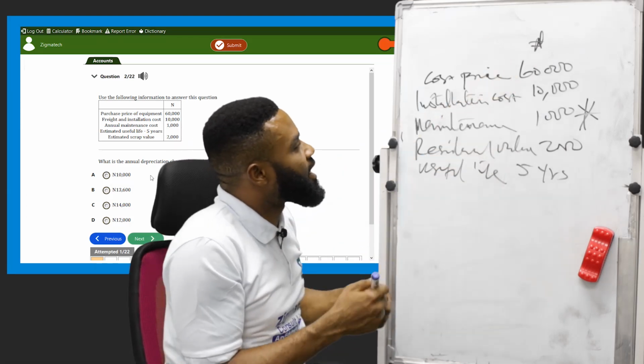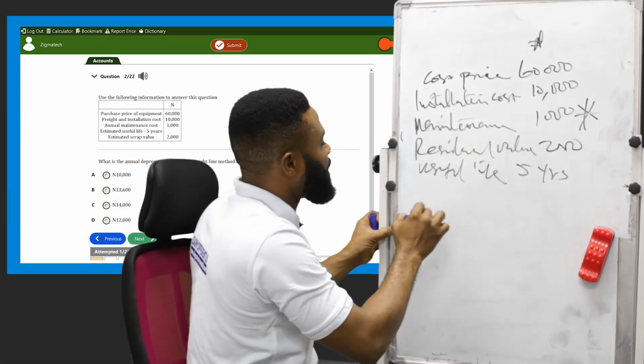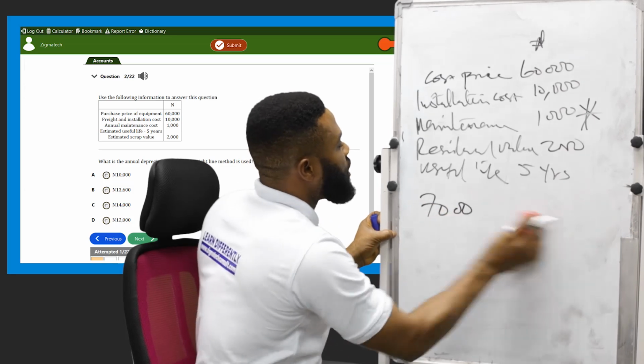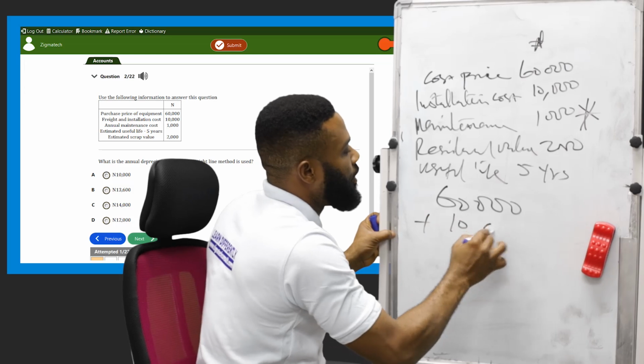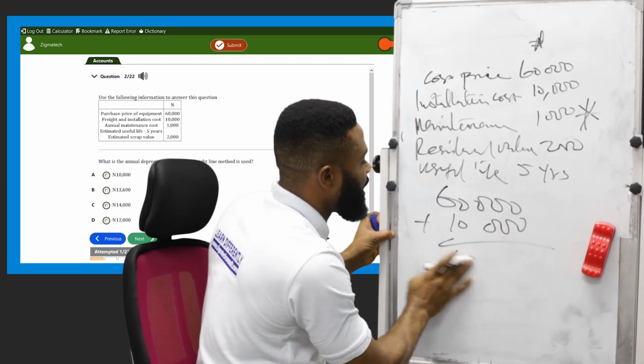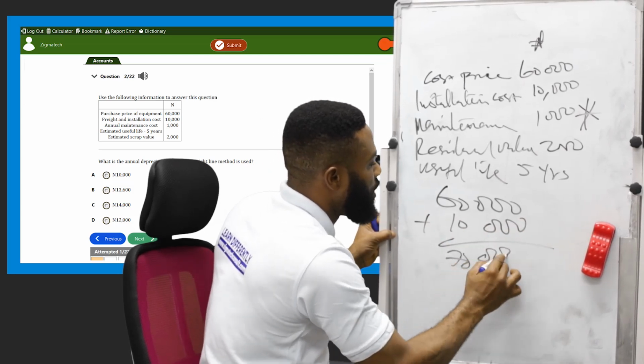So here in this case now, the cost of the asset is what? 70,000, which is 60,000 plus 10,000. So the cost of the asset is 70,000.